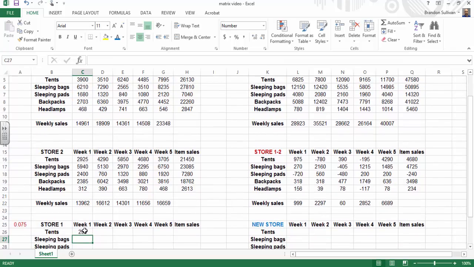Before I drag this formula to the rest of the spreadsheet, I want to put a money symbol or a dollar sign in front of the A and the 25. This tells Excel to always reference this cell and to not drag the formula across.